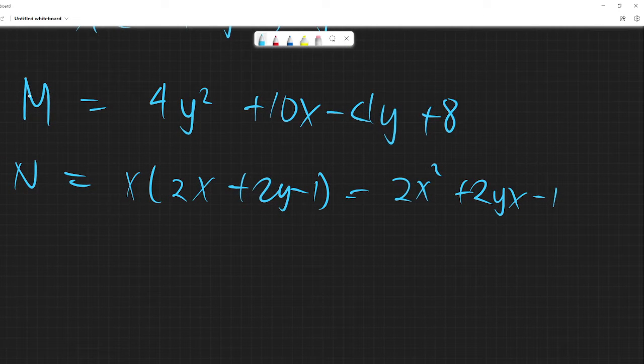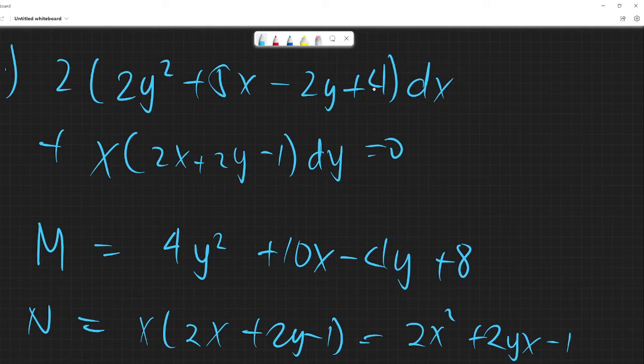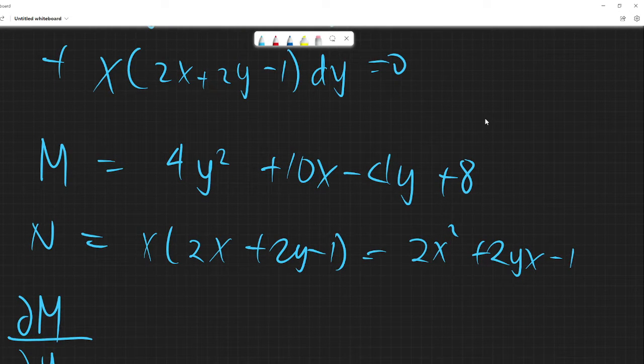After getting the functions M and N, we will differentiate them depending on a certain condition. We get the partial derivative of M in terms of y, since the function of M is related to x. So it is the reverse of the variable. That is also true for dy, so we will differentiate N in terms of x.